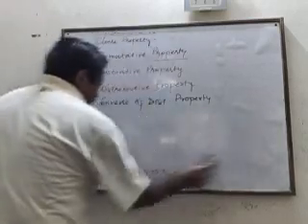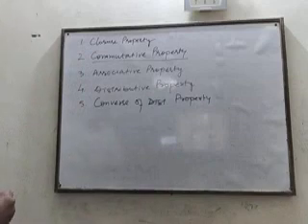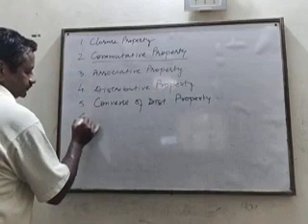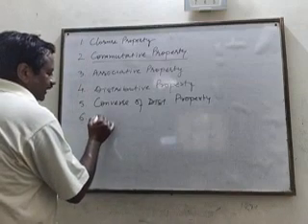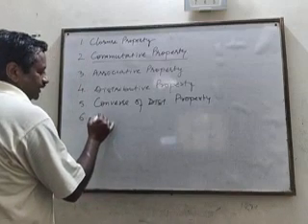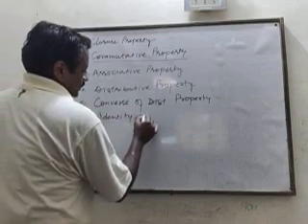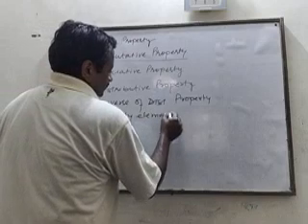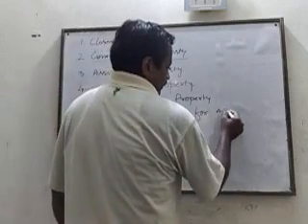Then the next property is number 6, that is identity element 0 for addition.